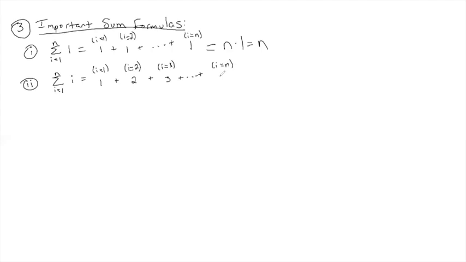And of course, in that case, I get n, right? Wherever n is, wherever the stopping point is. Okay, so what is this equal to? And to answer that, I want to tell you about a guy named Carl Friedrich Gauss. He is pretty much the smartest guy to ever exist, one of the greatest mathematicians of all time.